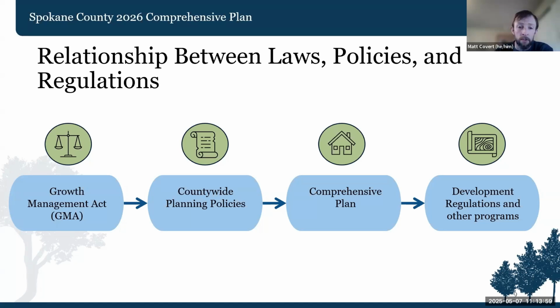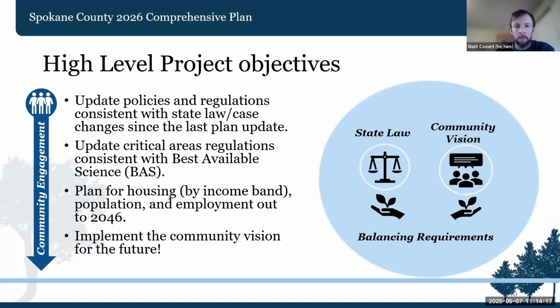So these are all tools that the county can use to implement the comprehensive plan. And those all must be consistent with the plan, so that when you adopt your plan, you have a short window of time in which to make sure that all of your regulations are consistent with that plan, so that you're in good standing with the Growth Management Act. Next slide.